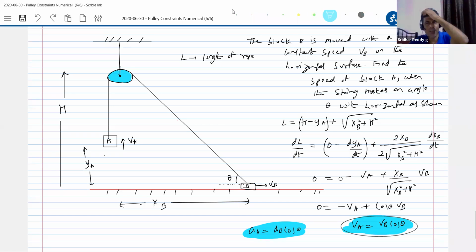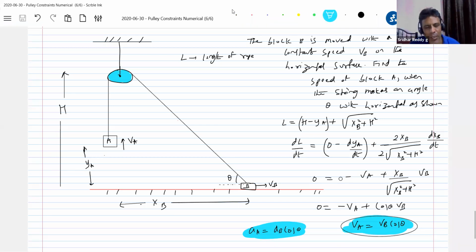This is one thing. Now I'm going to tell you one very important thing. We know what is that? The string is inextensible, no? So shall I bring one basic idea? The velocity of the ends along the string must be equal, as the string is inextensible.